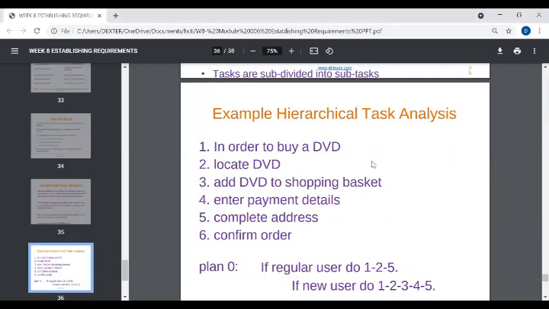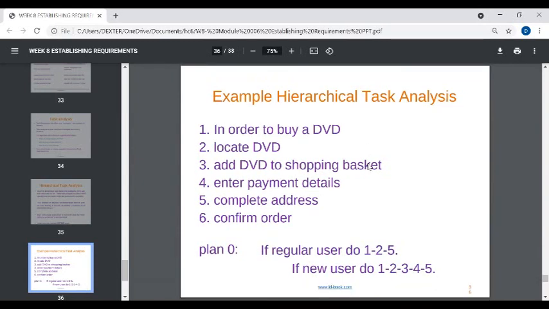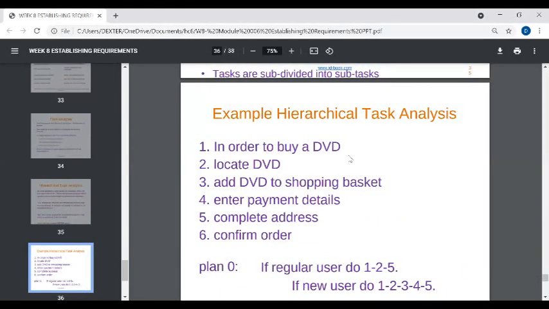So, an example of a hierarchical task analysis, or our HTA. Like this one. First, in order to buy a DVD: locate a DVD, add DVD to shopping basket, enter payment details, complete address, and confirm order. So, consider a task of buying a DVD.